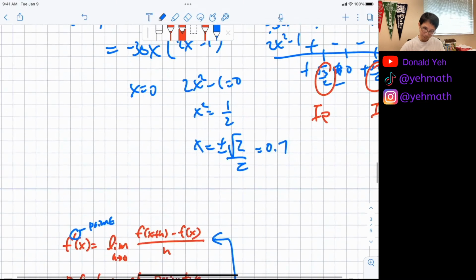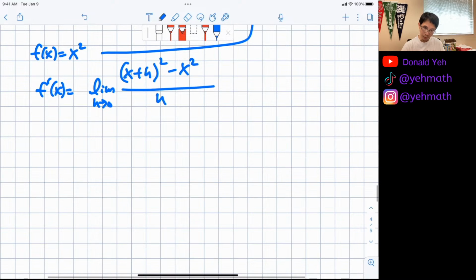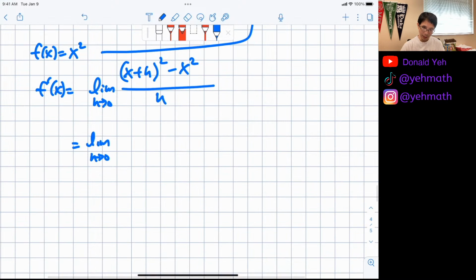With that being said, once I take a derivative, I just need to simplify. Limit as h approaches 0, and I'm going to expand this. Some people don't know how to expand this, but it's basically x squared plus hx plus hx plus h squared minus x squared.